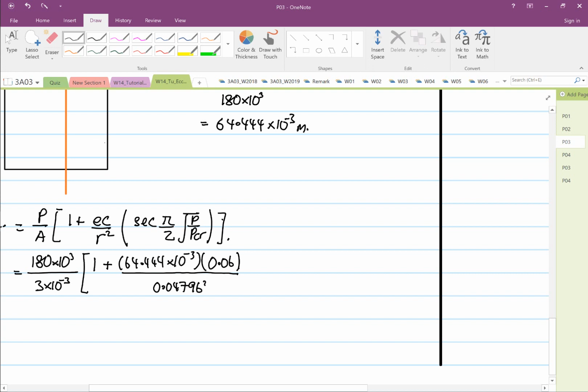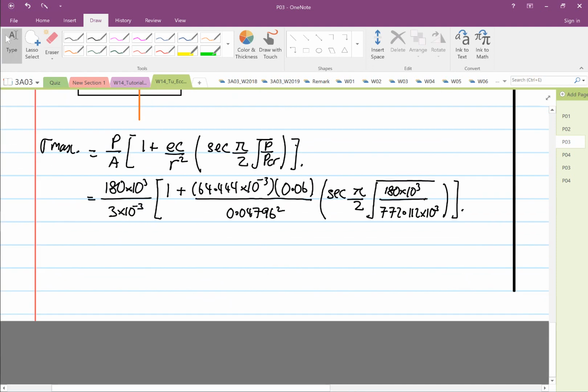Then 0.04796 squared, and this term will have a secant of pi over 2 times the square root of 180 times 10 to the power 3 divided by the critical load, 772.112 times 10 to the power 3, close bracket.